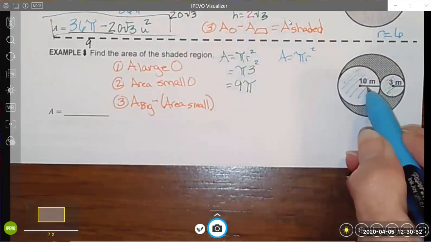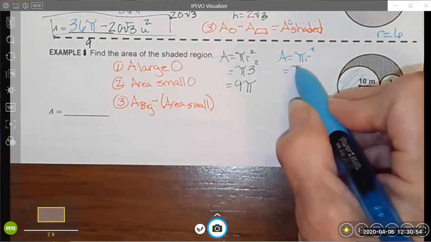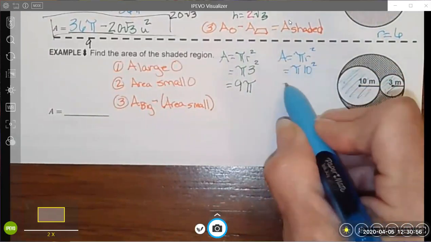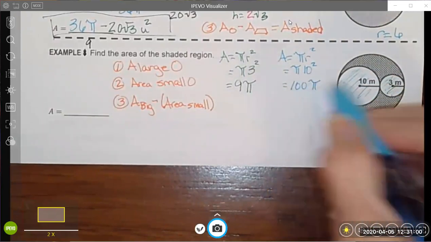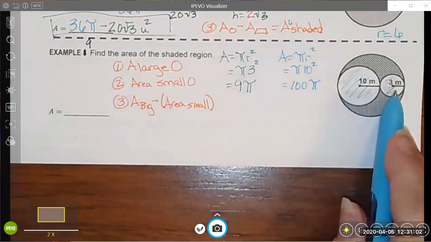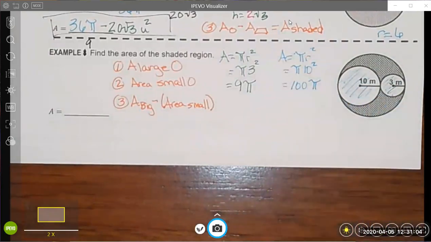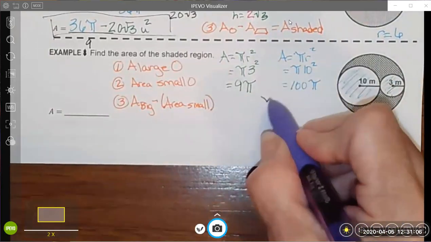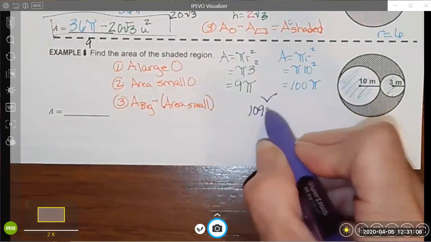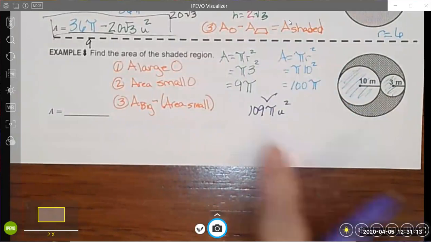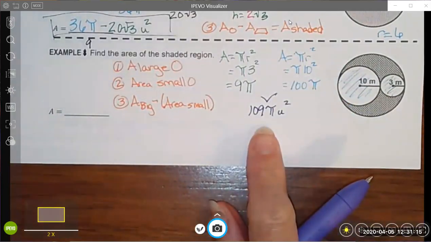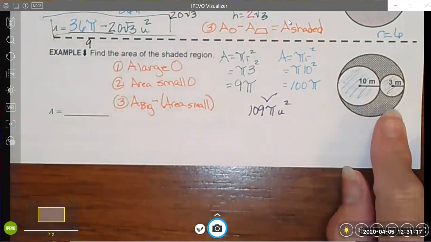In this case, my radius is 10. And when I simplify that, I get 100 pi units squared. So the combined area for these 2 circles is going to be 109 pi units squared. That is what I will be subtracting from the larger circle.